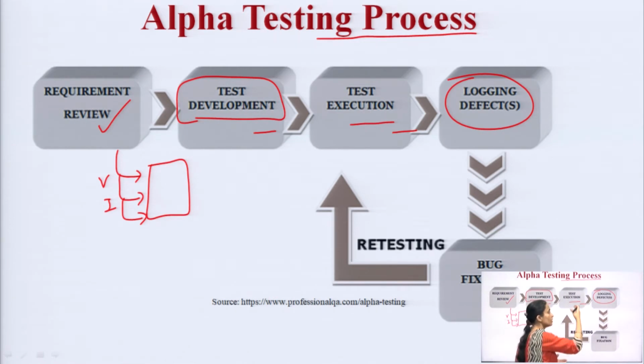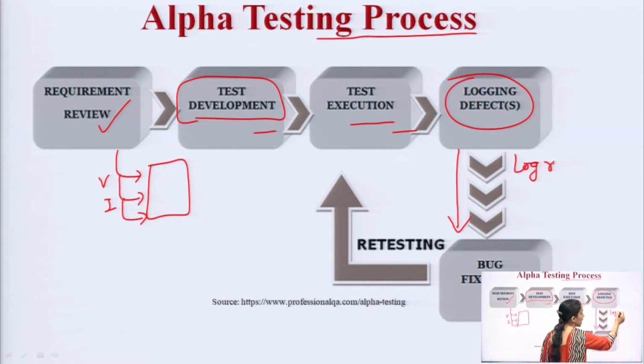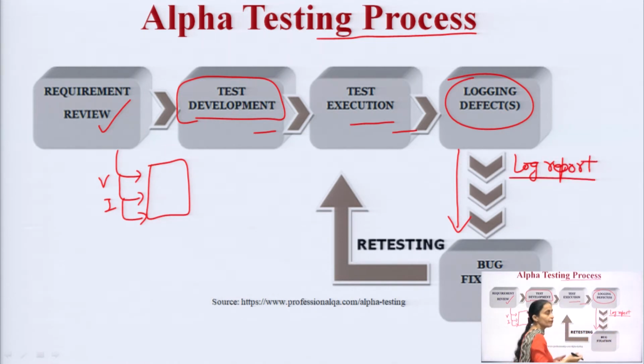Once we are ready with the logged sheet of our defects, we can proceed to bug fixation. As we now have the log report, which shows a detailed study of how many bugs are found, once they are known, we can proceed to bug fixation.